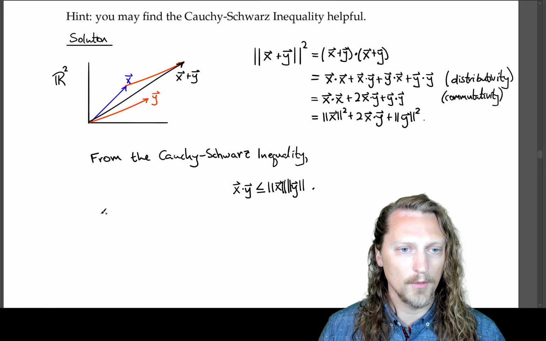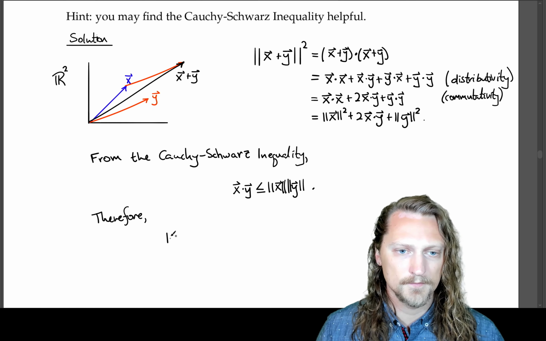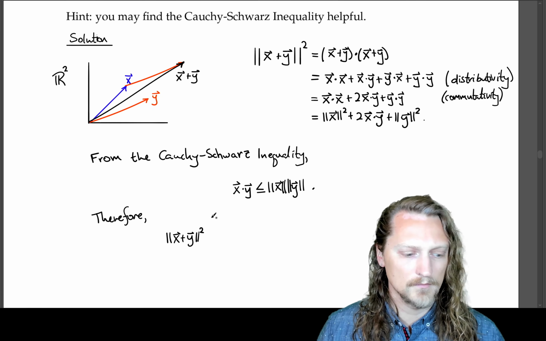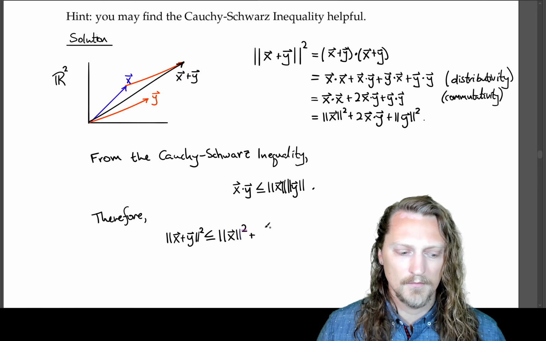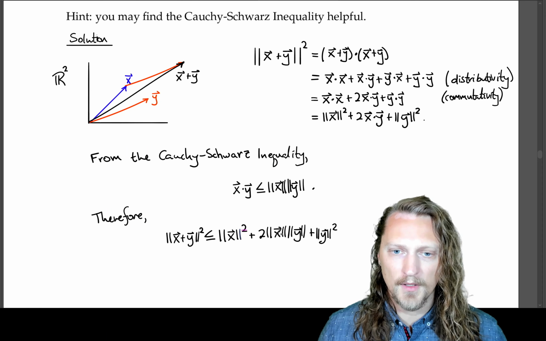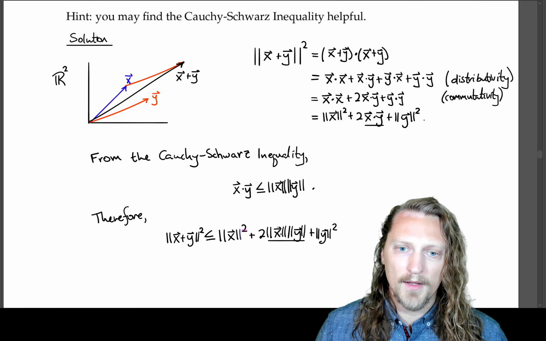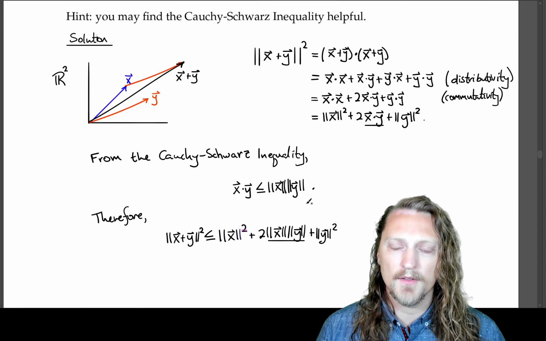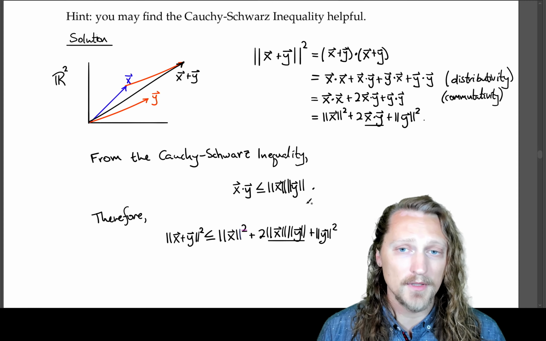So we can say, therefore, returning to this term, and we were able to do this because we know that x dot y is always going to be less than or equal to the magnitude of x times the magnitude of y.